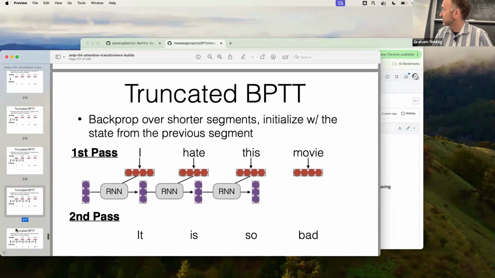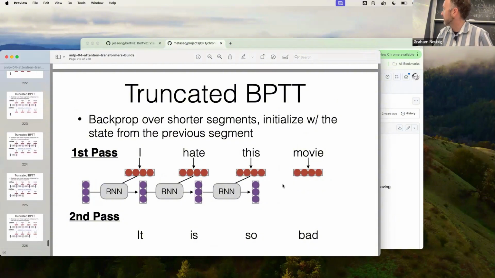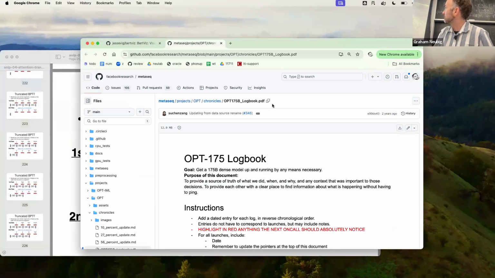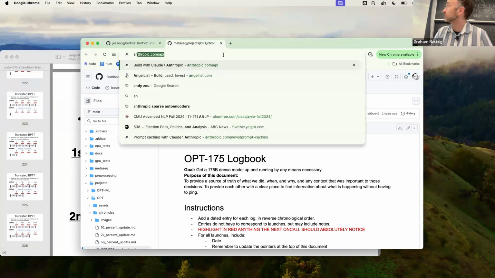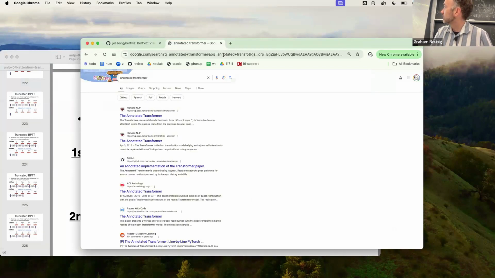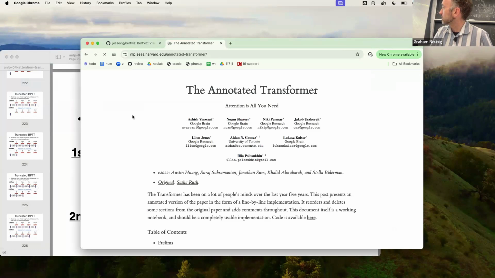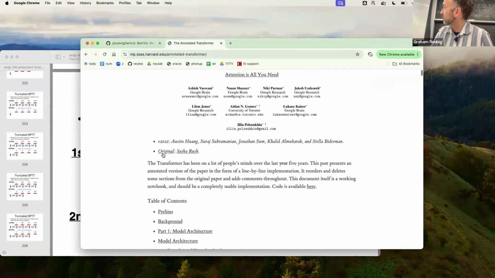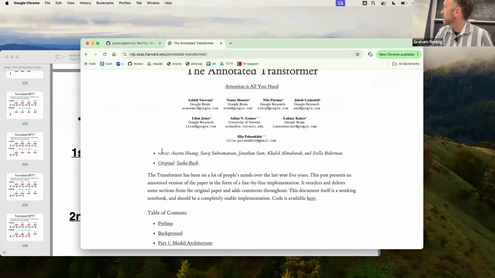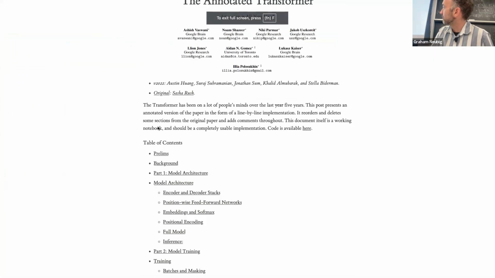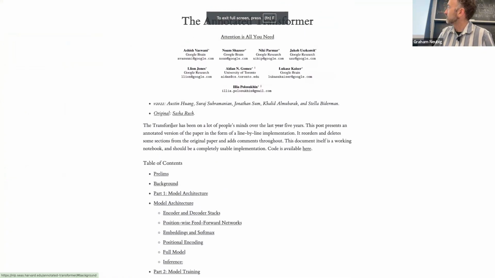Yeah, I think that's mainly what I want to cover today. The final thing that I want to cover is there's a really good reference called the annotated transformer. The annotated transformer was created by Sasha Rush and others.